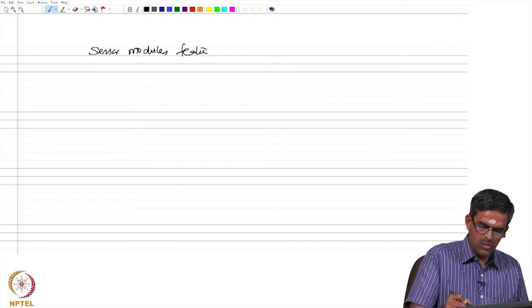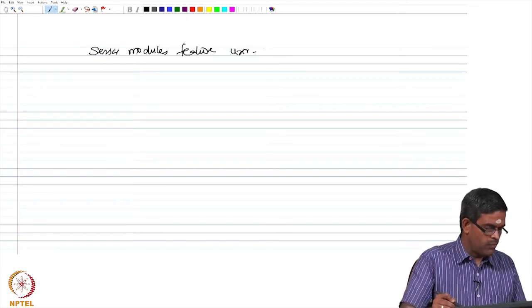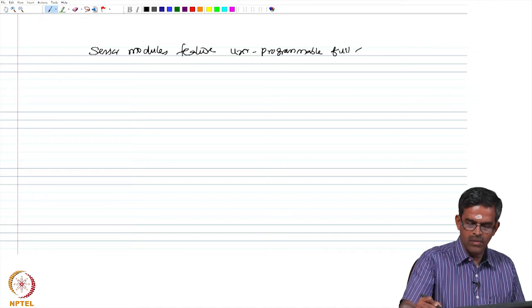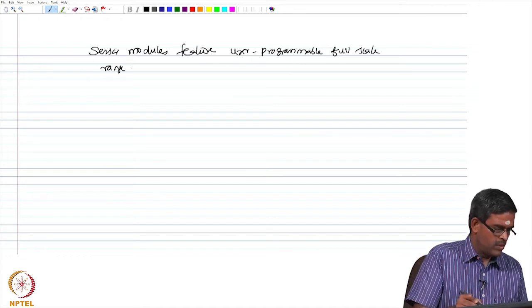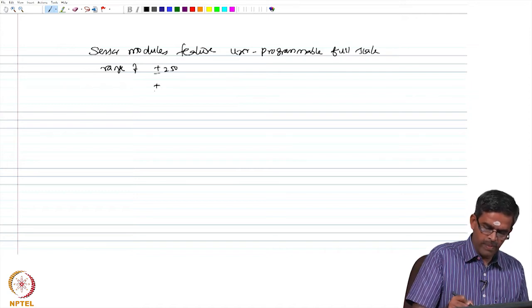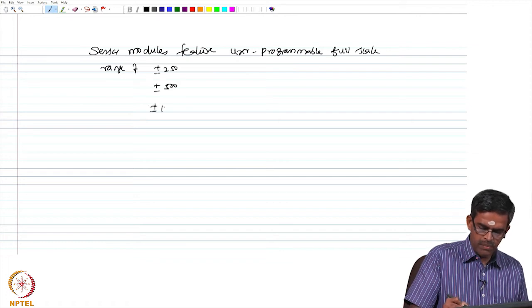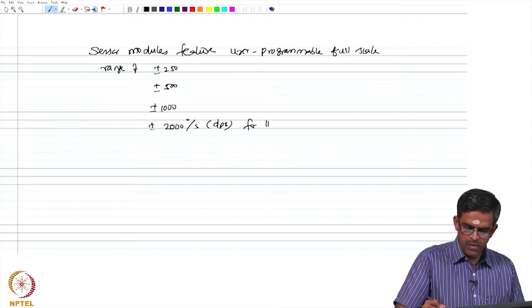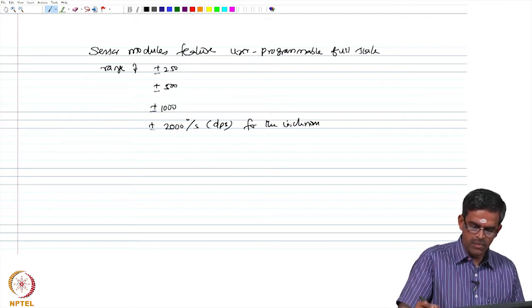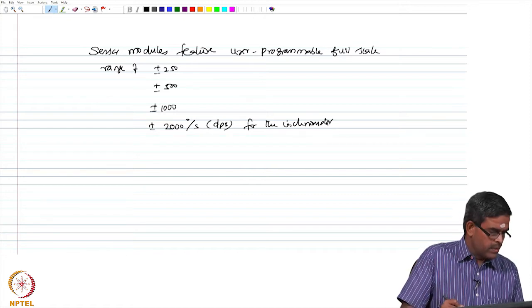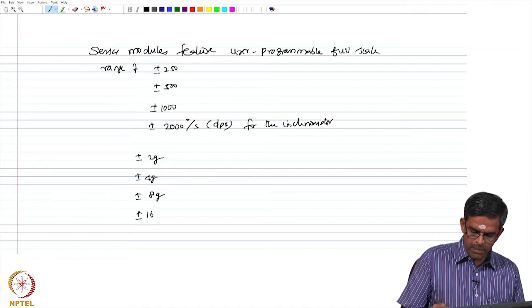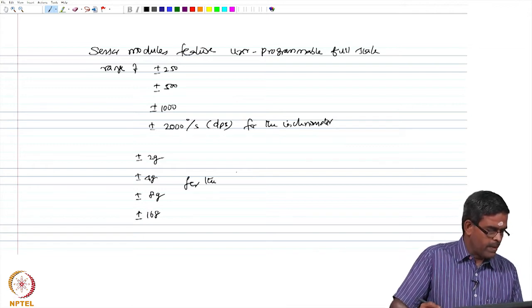feature also a user programmable full scale range of plus minus 250, plus minus 500, plus minus 1000, plus minus 2000 degrees per second, the DPS, for the inclinometer, and plus minus 2G, plus minus 4G, plus minus 8G and plus minus 16G for the accelerometer.